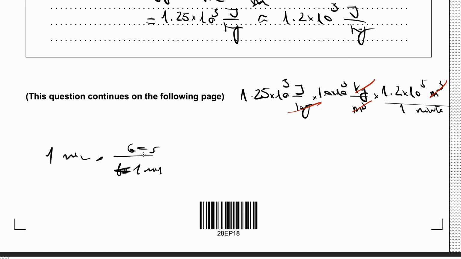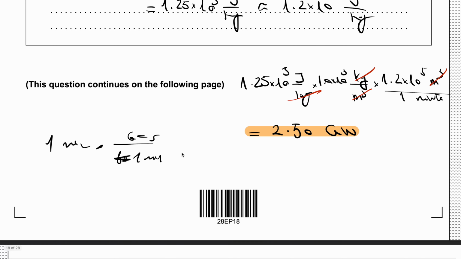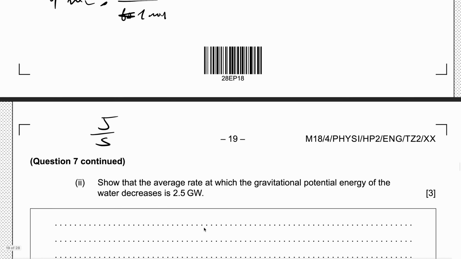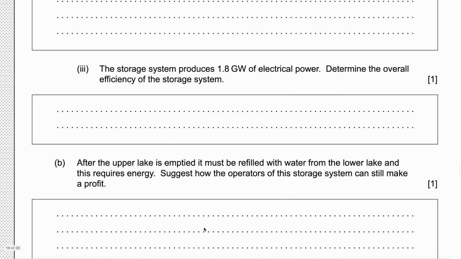So 1.50 times 10 to the power 11 divided by 60 gives you a value of exactly 2.50 gigawatts with 3 significant figures. Is that correct? It is indeed correct. So you can report that to significant figures.